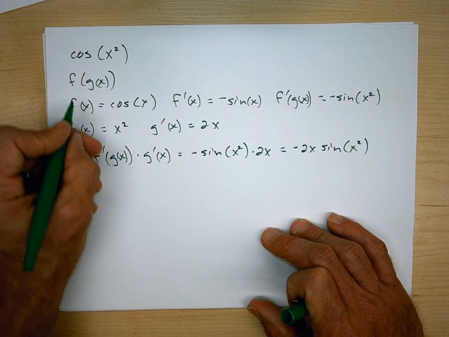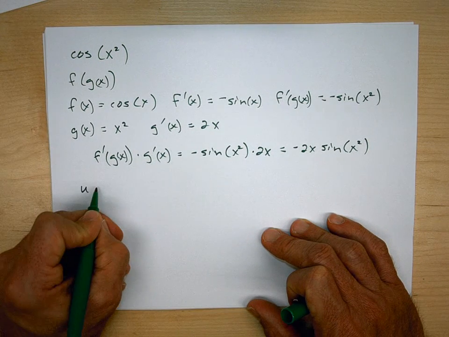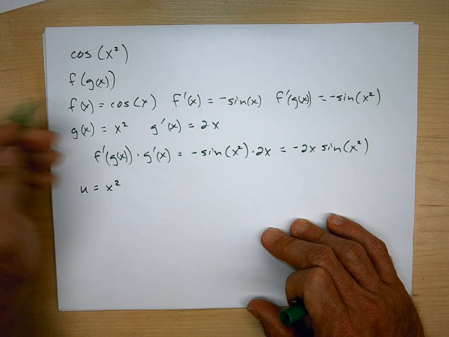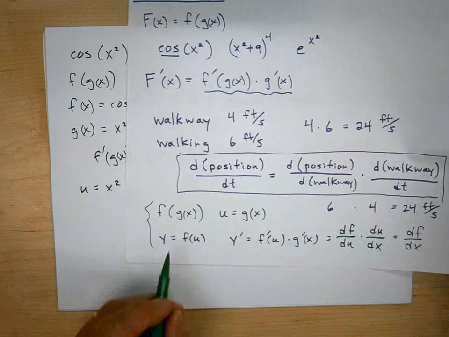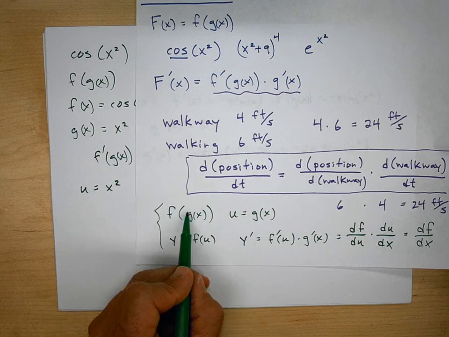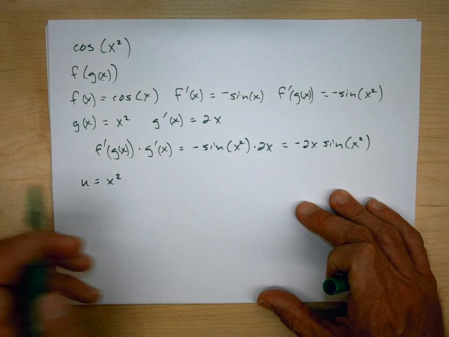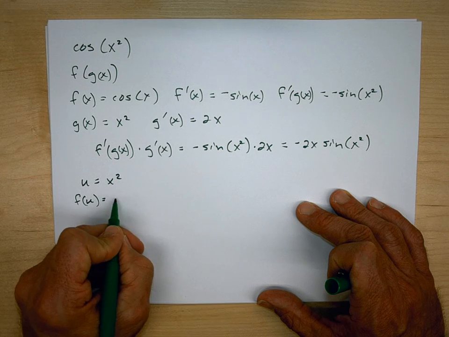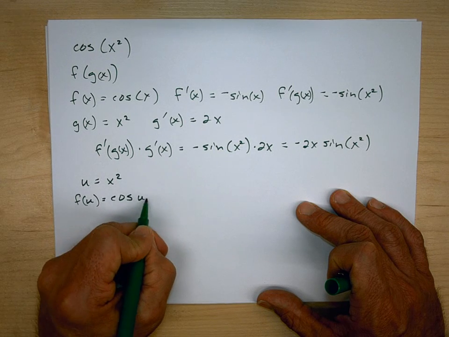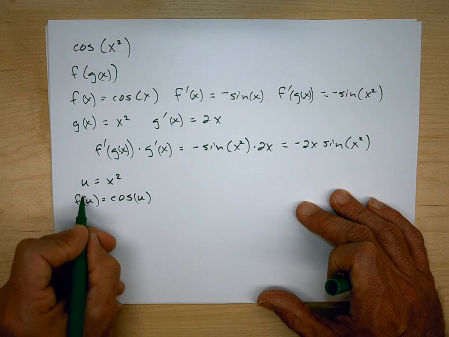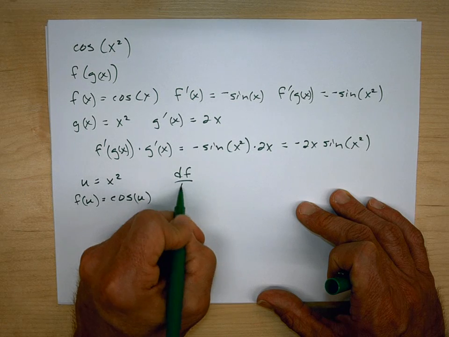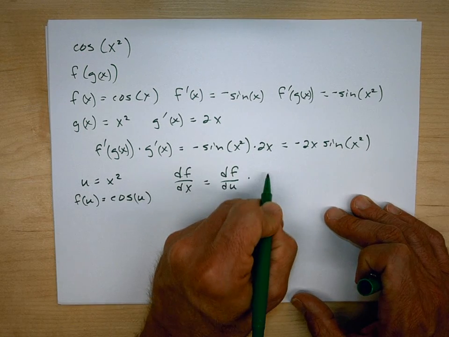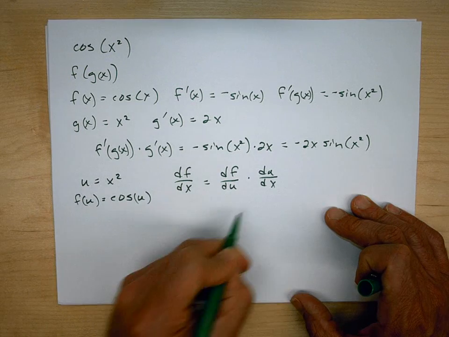Alternatively, we could have let u equal x squared, right? That's the inside, so when we talked about doing it this way, we could let u equal whatever the inside function is, and let f of u be cosine of u. And then we said that df dx is df du times du dx.